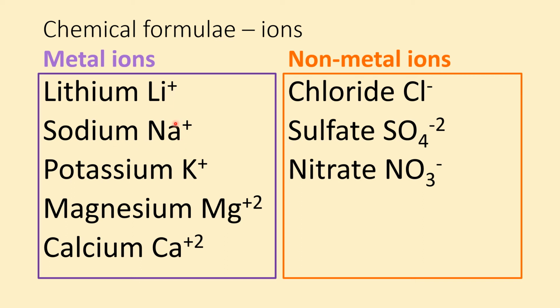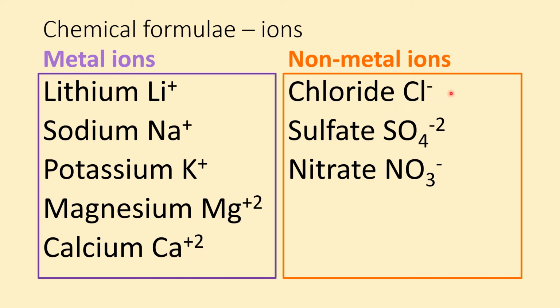Sodium's element symbol is Na, so it's Na with a little plus to show you it's positive. Potassium is K with a plus. Magnesium, however, that is the element symbol for magnesium, but it's got a 2+ charge instead of just a 1+, so we write a little 2. And calcium also has a 2+, so it's Ca2+.